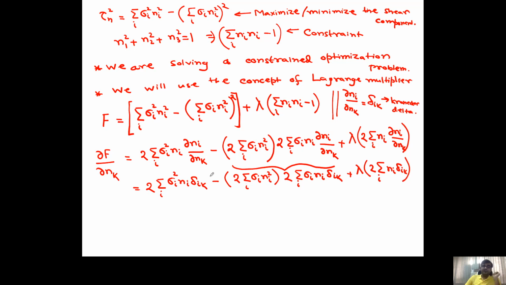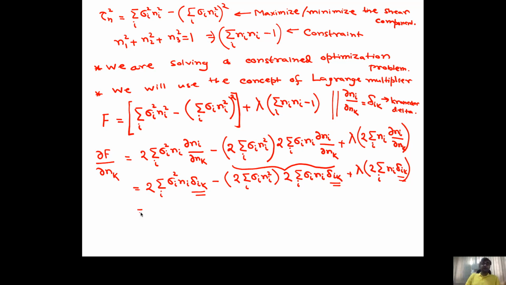Now again, this term delta_ik will only yield a non-zero value when i is equal to k. For all other cases, this will become 0, and the terms vanish. So we will only get a non-zero value when i is equal to k.